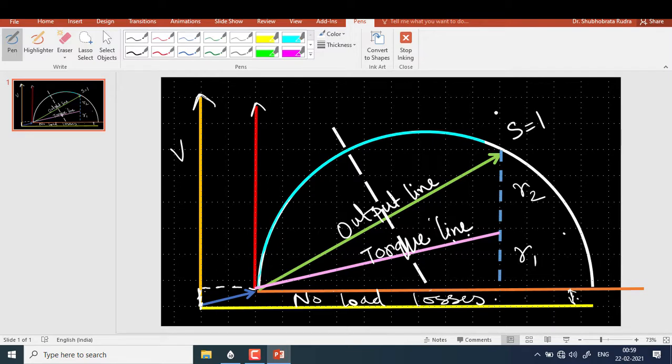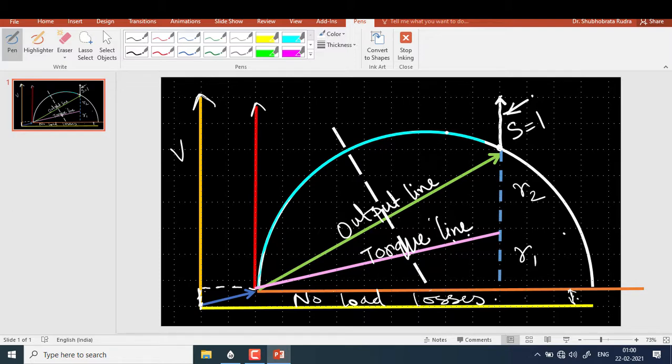Now if I am looking for this 2 unit power, from this S equal to 1 we have to draw a line that is exactly 2 units. This is my requirement of power, for which I want to know the corresponding value of slip. This is the output line.